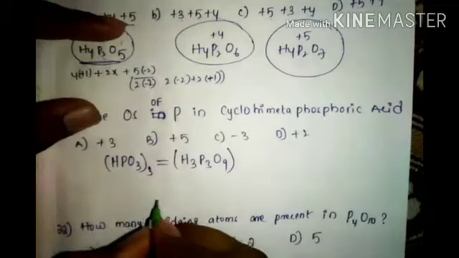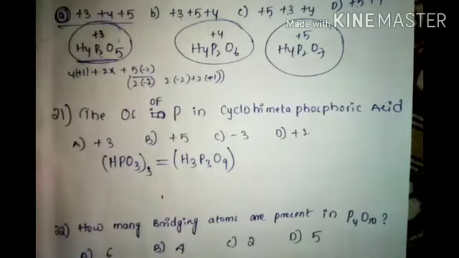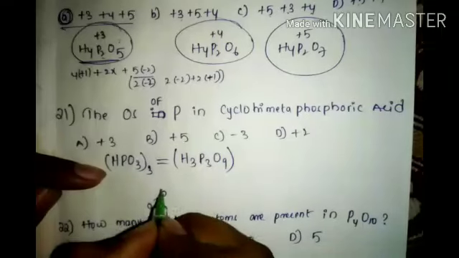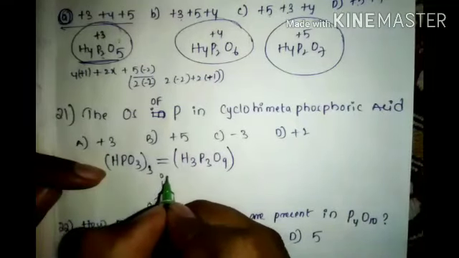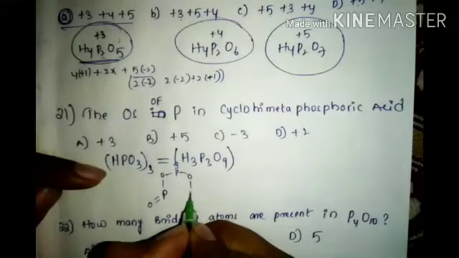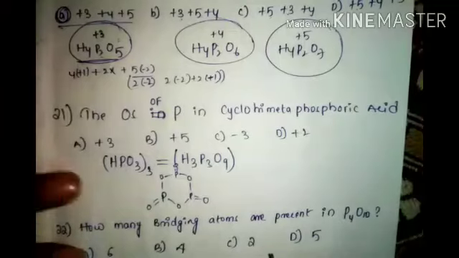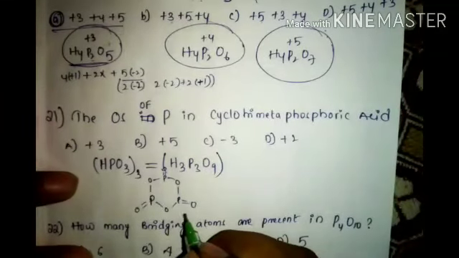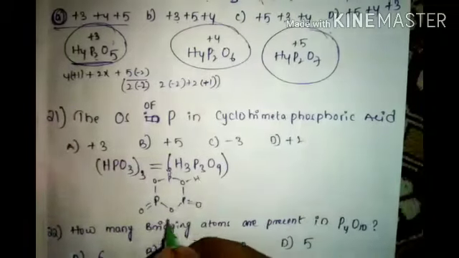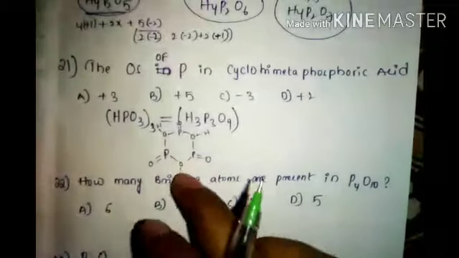How will it come? This is P double bond O, P double bond O, P double bond O, and H3 is H. This is the structure.